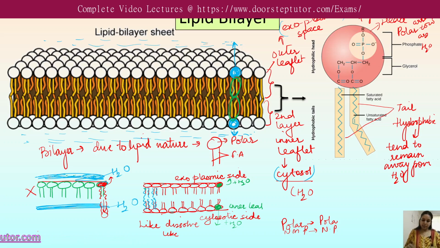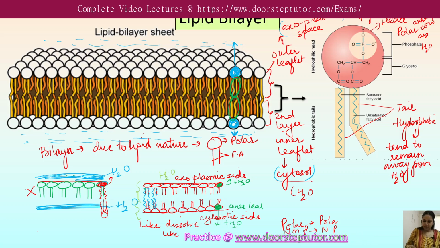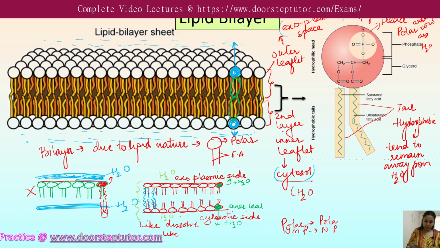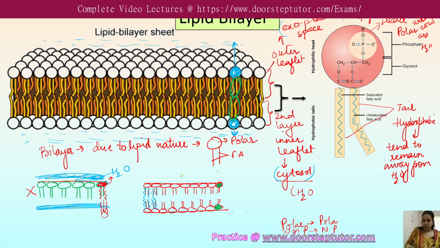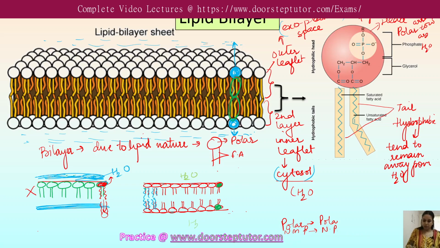Now in this way the lipid is arranged. So we have talked about the lipid bilayer, the first and the second layer, with water on this side and water on this side. Now there is water outside, water inside.